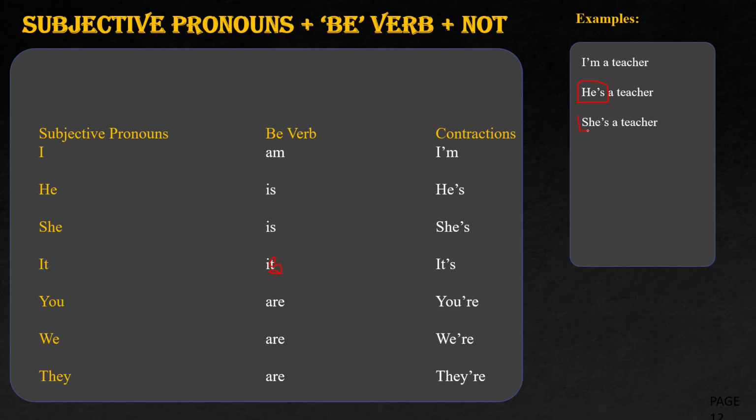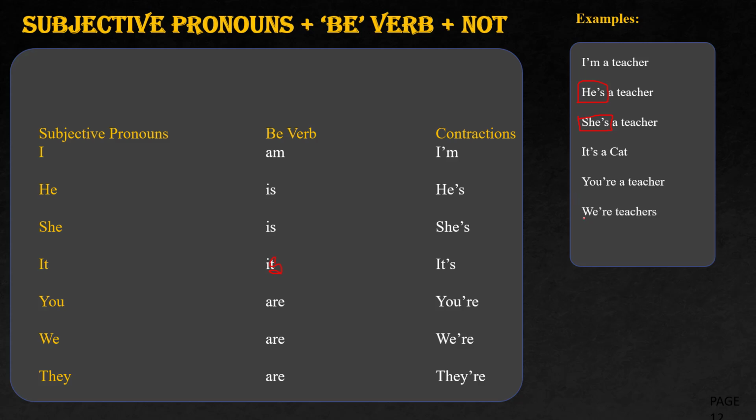She is a teacher. Instead of that, she's a teacher. Now, it is a cat. It should be it's a cat. You are a teacher. Then it's you're a teacher.